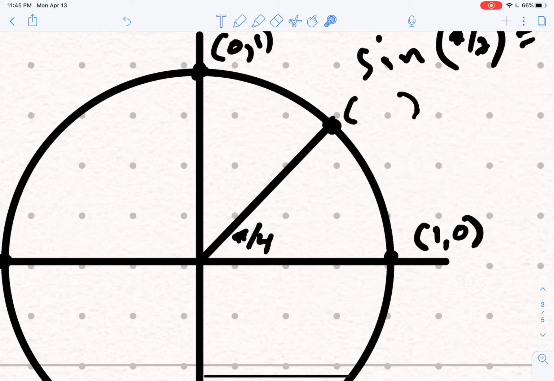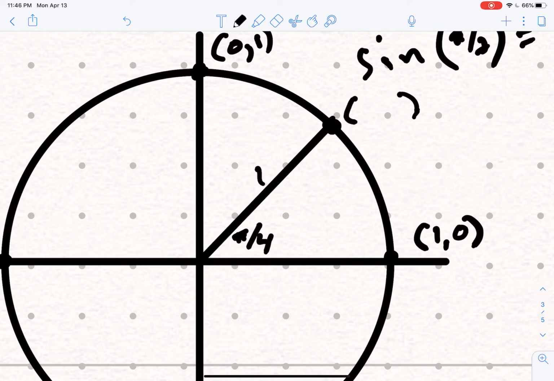Now, here's what we know about this point. It's on the unit circle, and the angle here is 45 degrees, or pi over 4. Being on the unit circle means that this hypotenuse is 1. That's like the r. Everything on the unit circle has r equal to 1.